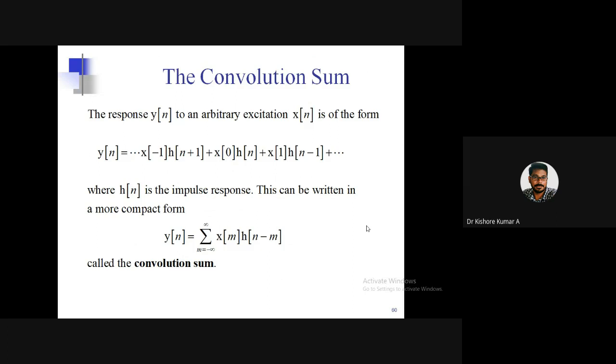So y of n is equal to the summation, whereas in the previous case the integral varied from minus to plus infinity, here the convolution summation varies from minus to plus infinity, of x of m times h of n minus m. This is the convolution sum for discrete-time systems.